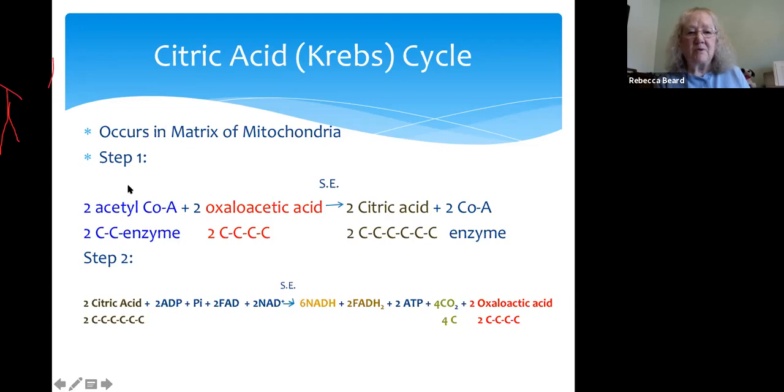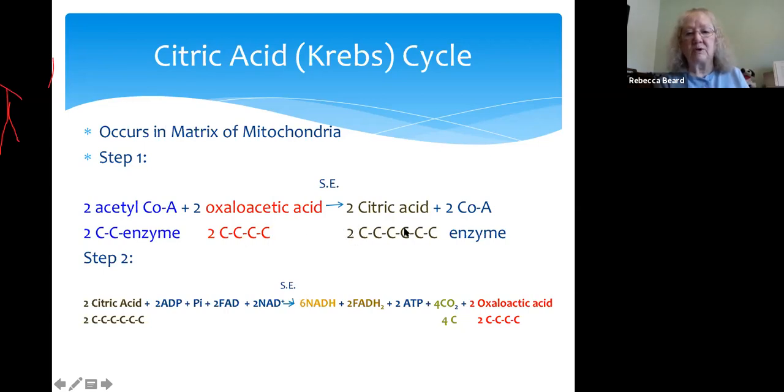And here is step 1 of this process. We've got the acetyl CoA, and we're going to add to that some oxaloacetic acid, which is something that is going to be made or used and then remade. So we've got 2 carbons here, 4 carbons here, and 2 each of these molecules.